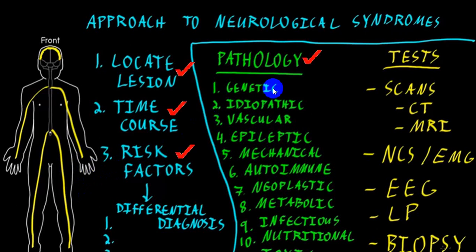As far as the etiology is concerned, there are a good number of different types of pathophysiology like genetic, idiopathic, vascular, mechanical, autoimmune, neoplastic, metabolic, infections, nutritional, toxic, etc. And to rule out whether it is central or peripheral, we need CT or MRI, nerve conduction study, EMG.